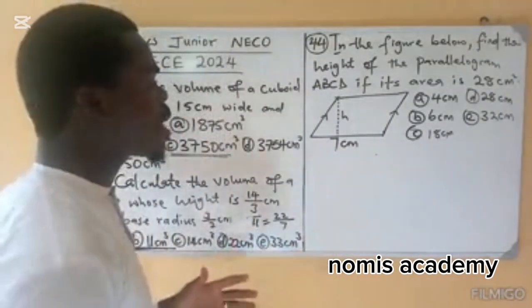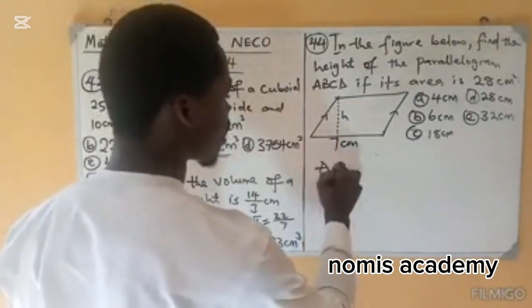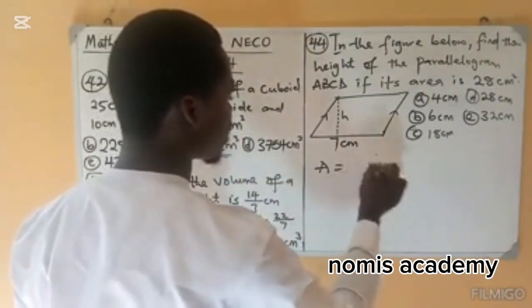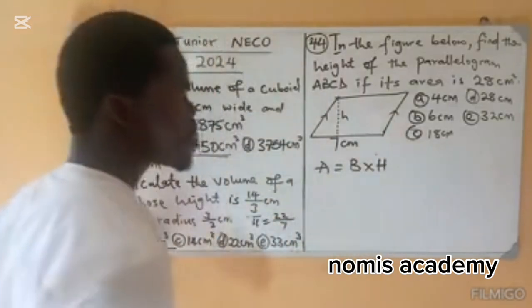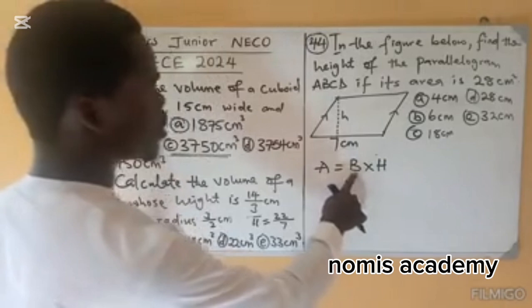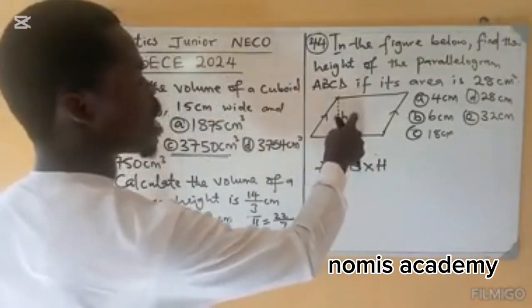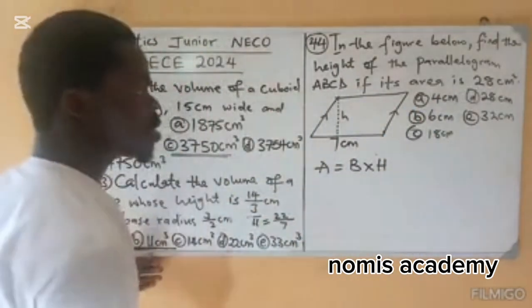We know that the formula used in finding the area of a parallelogram is area equal to base times height. The base is 7 centimeters, and the height is what we are looking for. The area is 28 centimeters square.